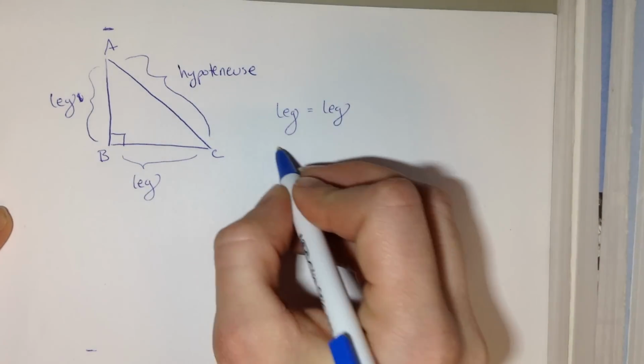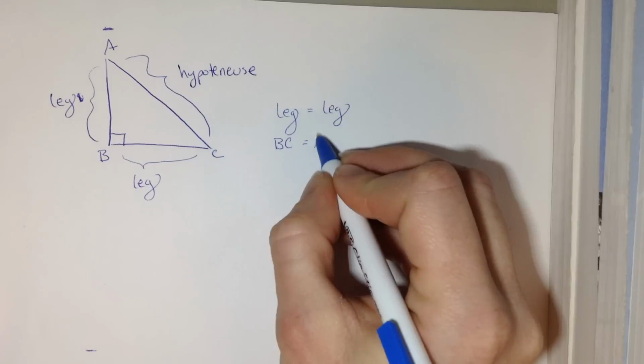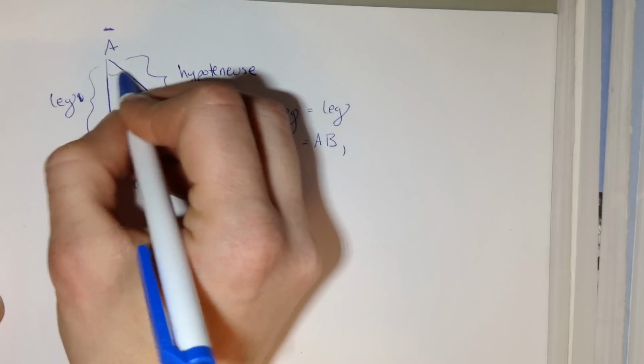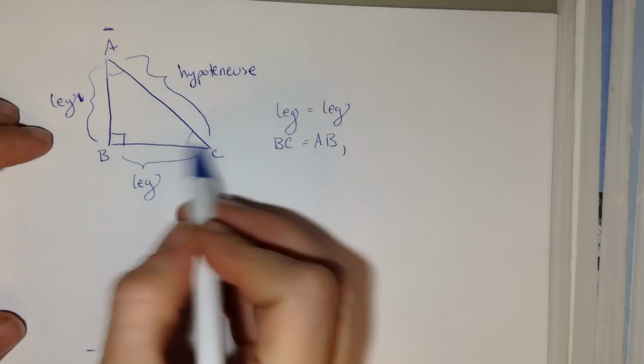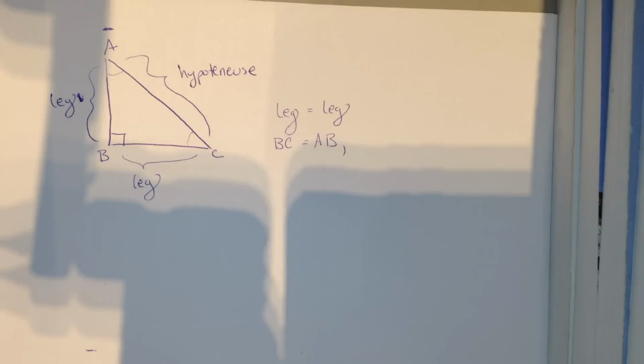So if BC equals AB, what can you tell me about the angles here? What kinds of angles are those if these legs are the same length? They're 45 degrees.